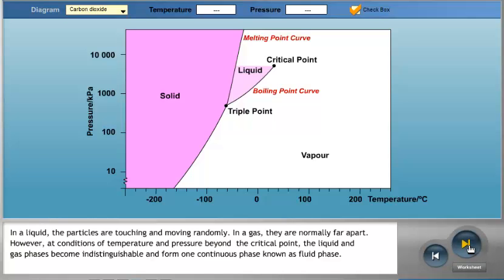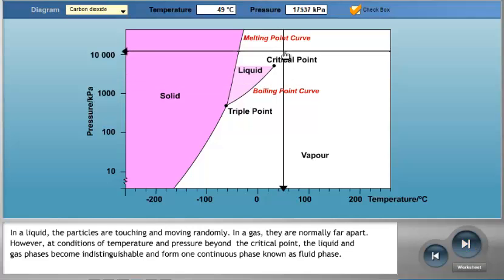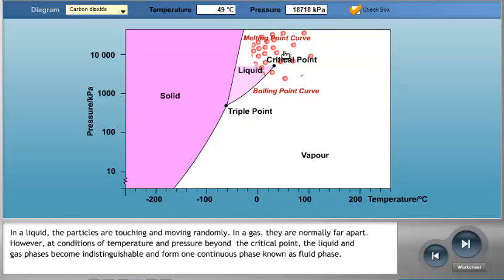In a liquid, the particles are touching and moving randomly. In a gas, they are normally far apart. However, at conditions of temperature and pressure beyond the critical point, the liquid and gas phases become indistinguishable and form one continuous phase known as fluid phase.